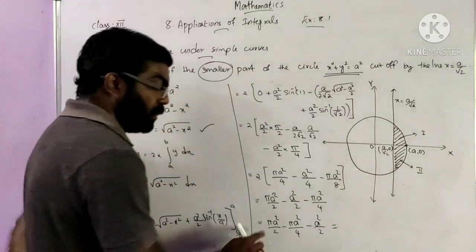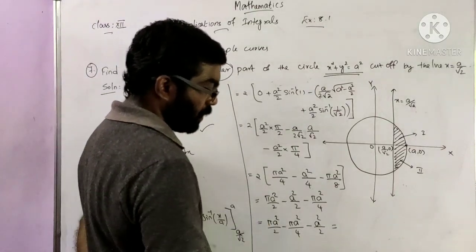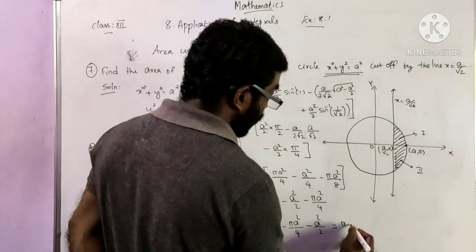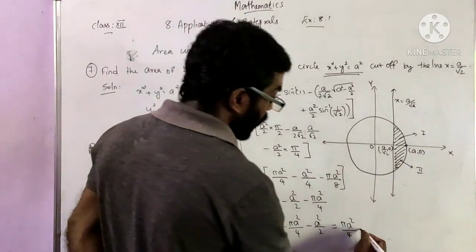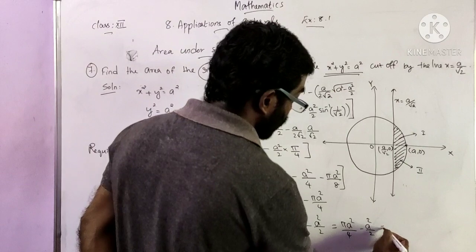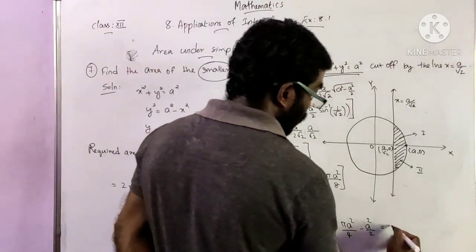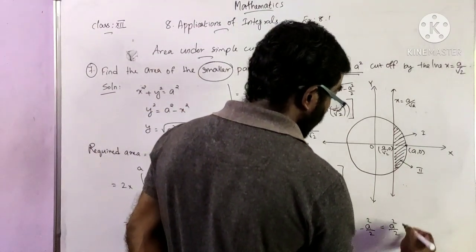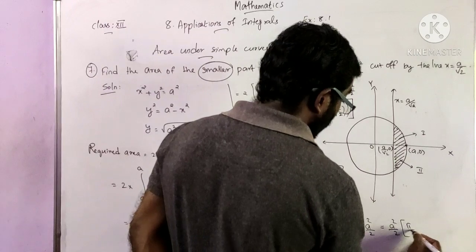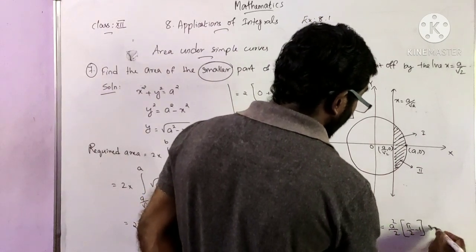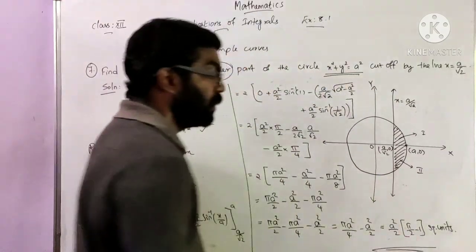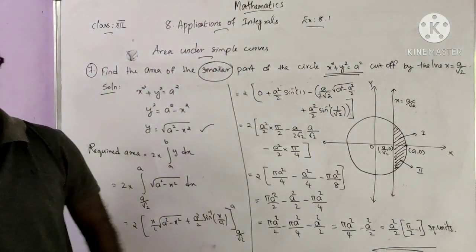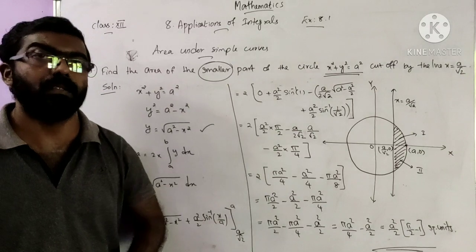What we get? 2πa² − πa², it is πa²/4. Then minus a²/2. We can take a²/2 common. So a²/2 × (π/2 − 1) square units. So the required area is a²/2 × (π/2 − 1) square units. Clear?